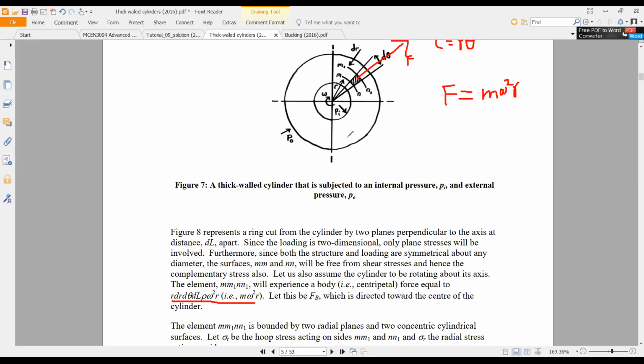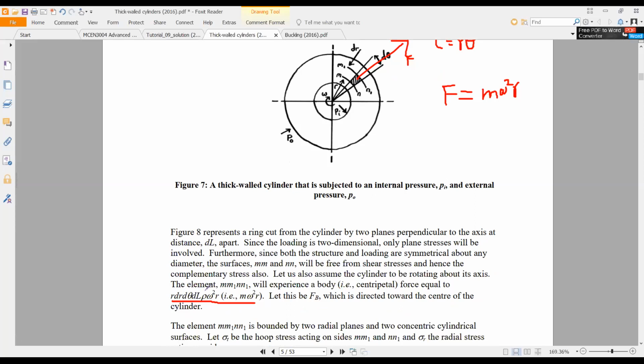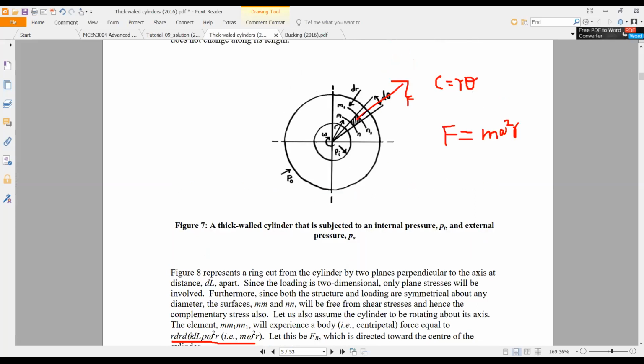Here the angle is d theta, and this is r, so the length of arc is r d theta, and dr is this length. Are we clear? When you multiply r d theta by dr, that is the cross-sectional area.